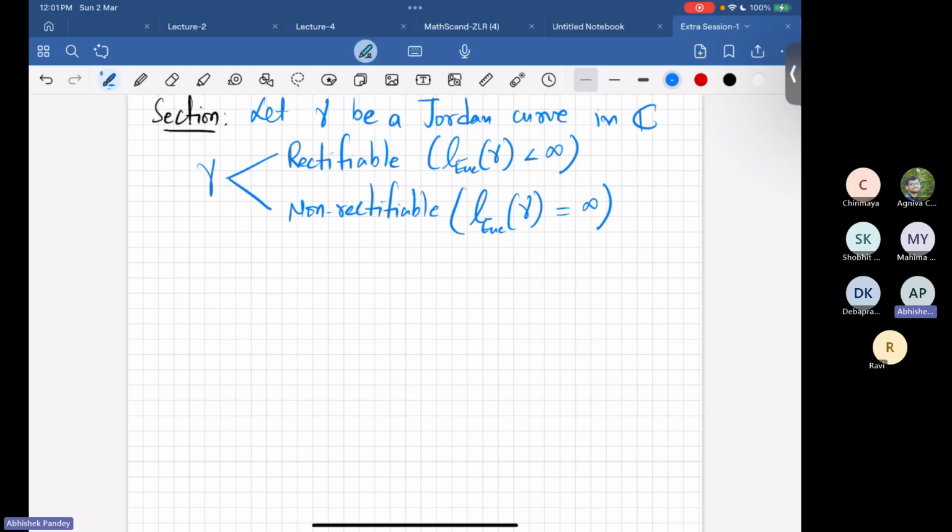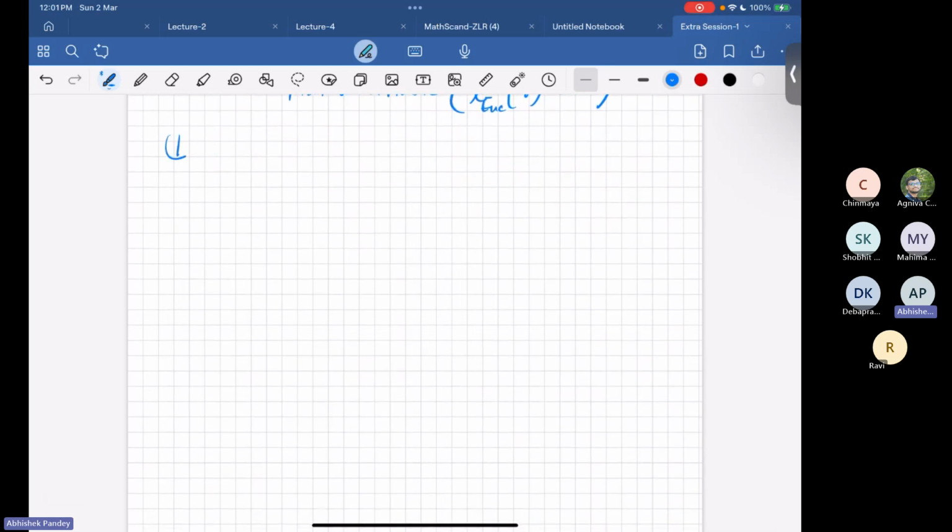So we have two cases. First, suppose that gamma is rectifiable.